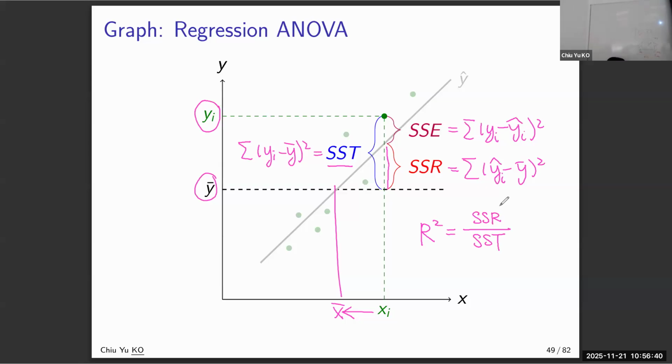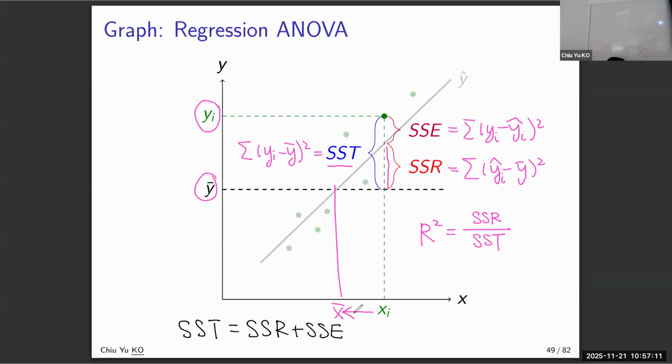And why this is a good measure, one thing that we don't have time to show, but you will see the same from ANOVA, is we have this formula, which is evident from the model, okay? Looks like the blue part is the same as the light red plus the deep red, right? The SST is equal to SSR plus SSE, okay?